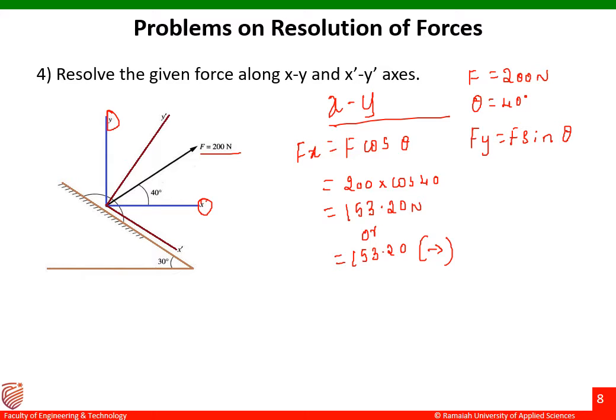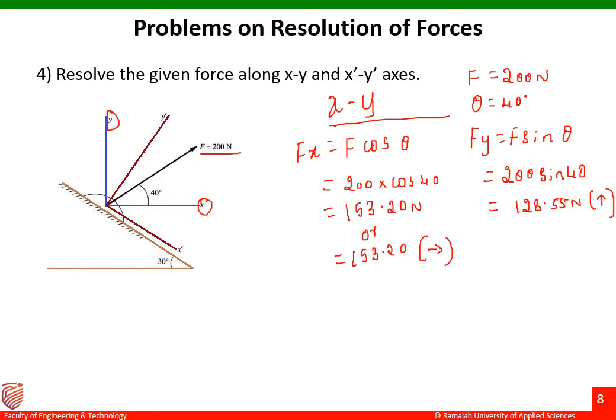Let me go for the y component. The formula for y component is Fy equal to F sine theta. My sine theta is sine 40. So let me write 200 sine 40 degrees. The answer for this would be 128.55 Newton. Again it is falling in first quadrant, so the y component will be acting upwards.